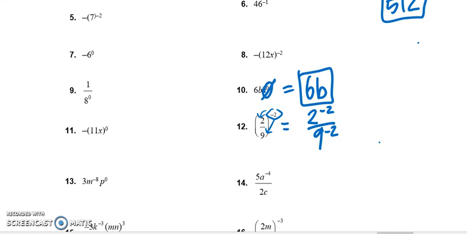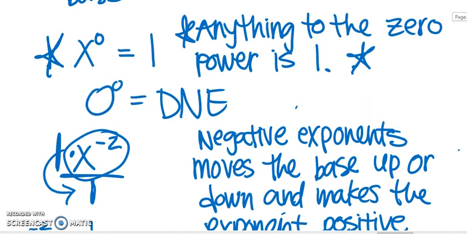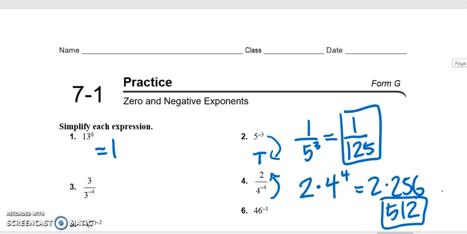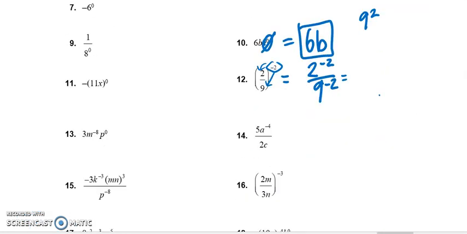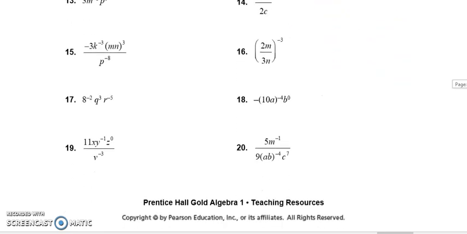It does not make it negative. So now I'm going to have 9 squared at the top over 2 squared at the bottom. 9 squared is 81, 2 squared is 4, and there's my answer. Still not negative.